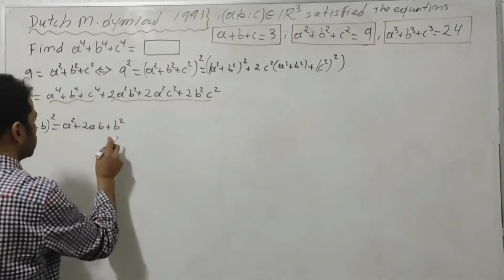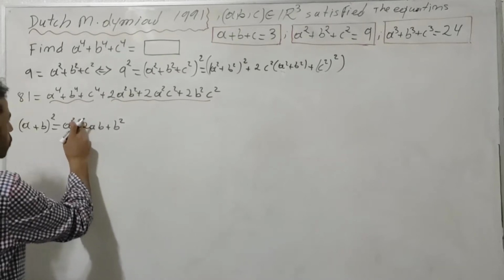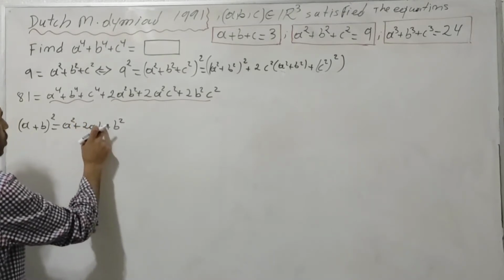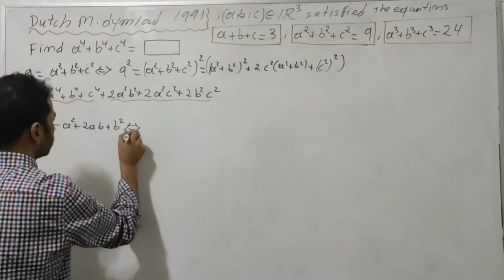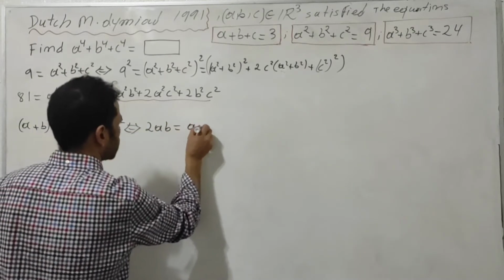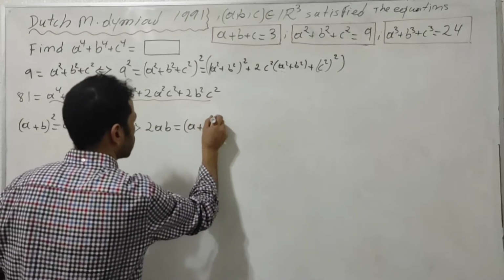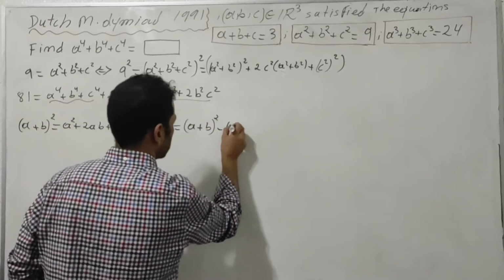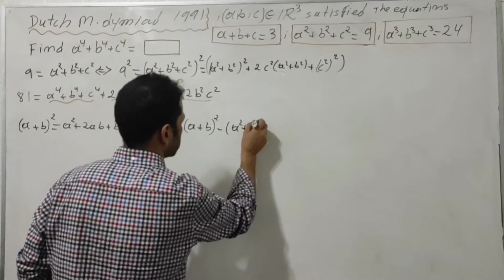So now I'm going to calculate 2ab. This is equivalent to 2ab equal to (a plus b) squared minus (a squared plus b squared), okay?